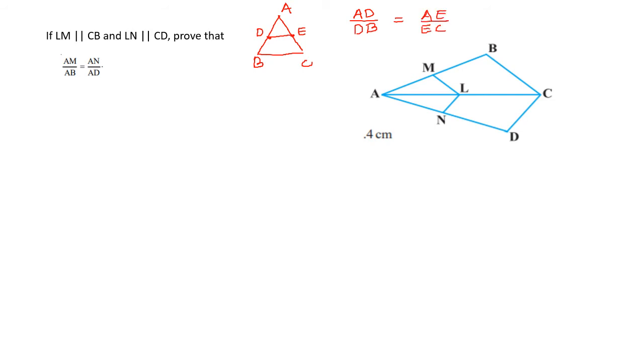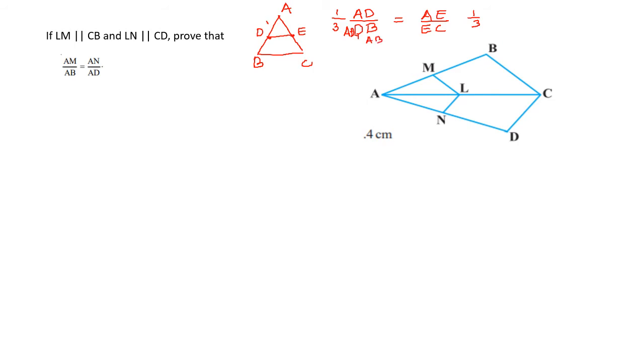There is one more thing, children. If AD to DB is 1 by 3, then this also has to be 1 by 3. Then if I add AD to this, it becomes 1 by 4. AD plus DB, that is AB.